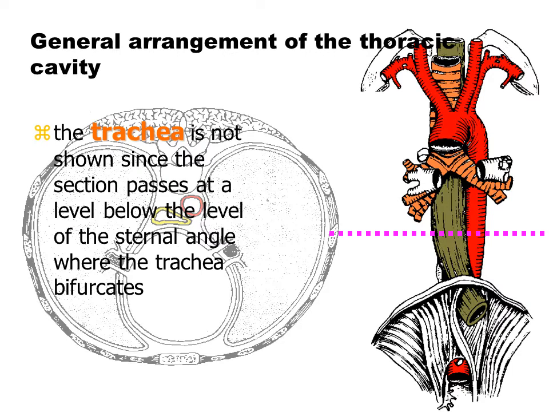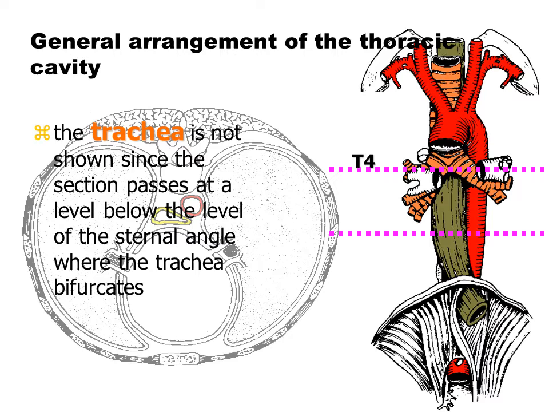The trachea is not shown since the section passes below the level of the sternal angle. So, below the level of the sternal angle. The sternal angle is an imaginary line between the manubrium sterni and the body of the sternum, lying back to the intervertebral disc between T4 and T5.